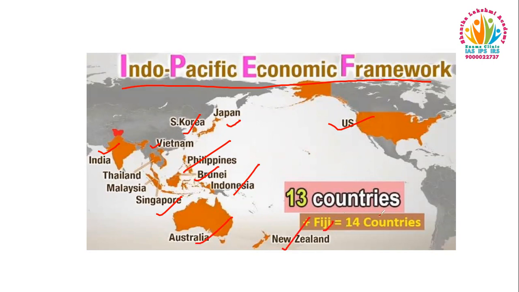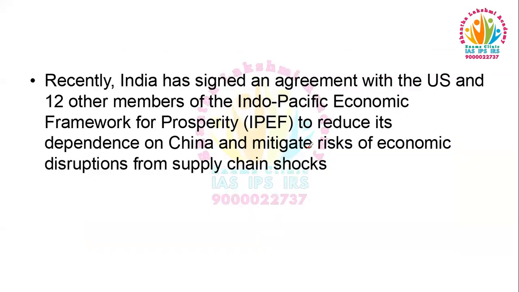So we have 14 countries under the Indo-Pacific Economic Framework. India has signed an agreement with the US and 12 other members of the Indo-Pacific Economic Framework for Prosperity. Why? To reduce its dependence on China and to mitigate the risks from supply chain shocks.